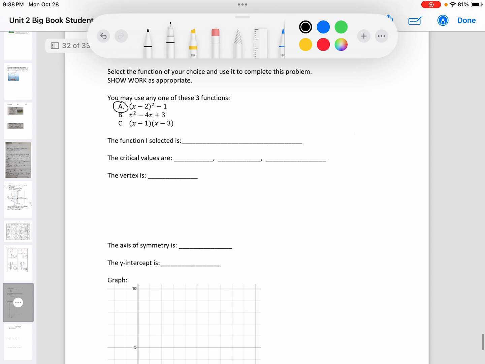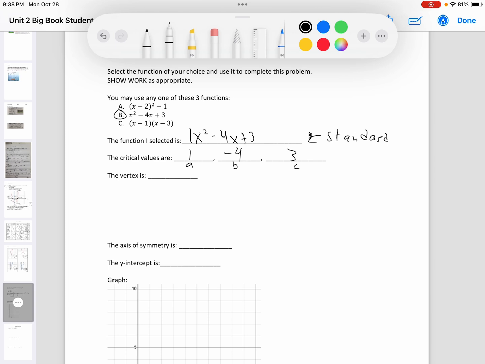Okay. For the next form, we have x² - 4x + 3. This one is in standard form. For standard form, the critical values are a, b, and c. So a for this case would be 1, b would be negative 4, and c would be 3.